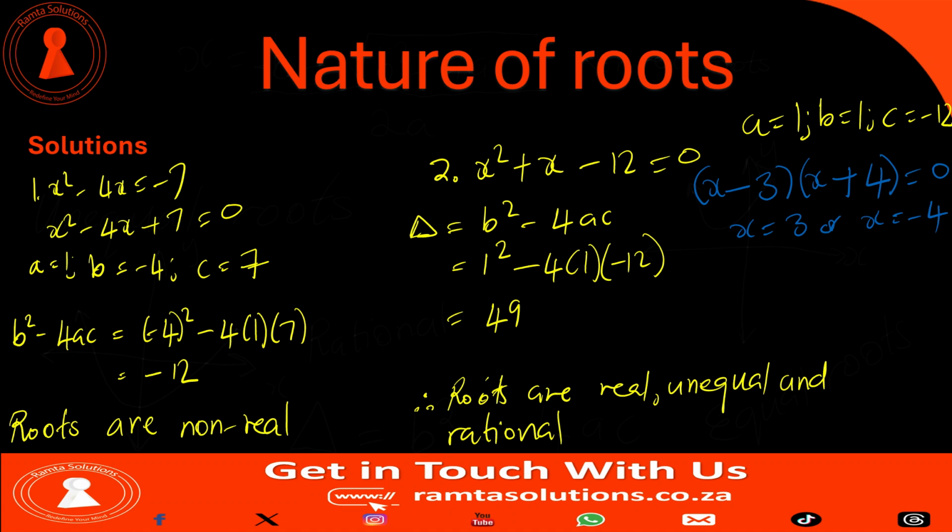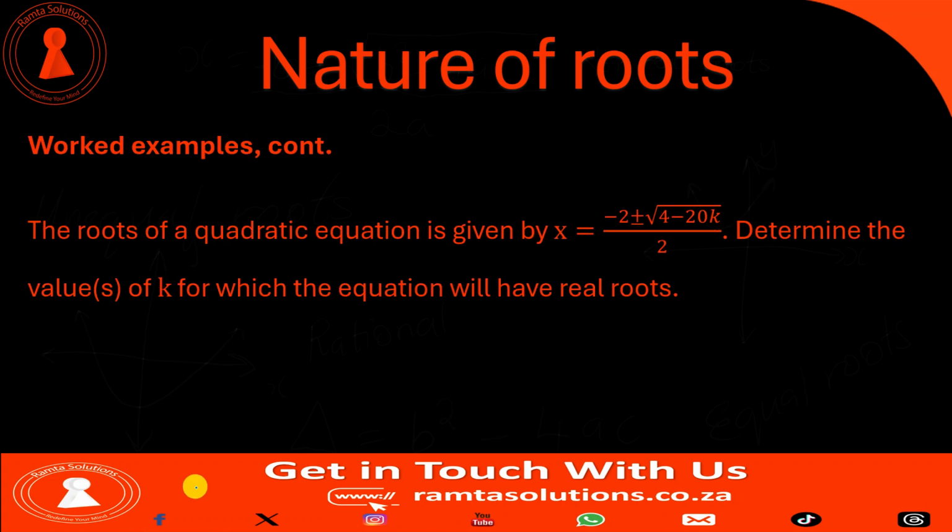Okay, perfect. Now, let's look at this. It's a second example. We're going to have about 3 examples, the first being the one we just did. This is the second. The roots of a quadratic equation are given by x equals negative 2 plus or minus the square root of 4 minus 20k, all over 2. Determine the value or values of k for which the equation will have real roots. So the discriminant here is whatever is under the square root.